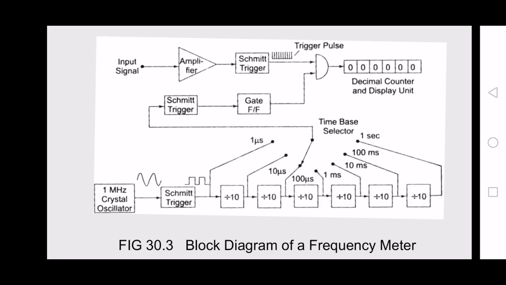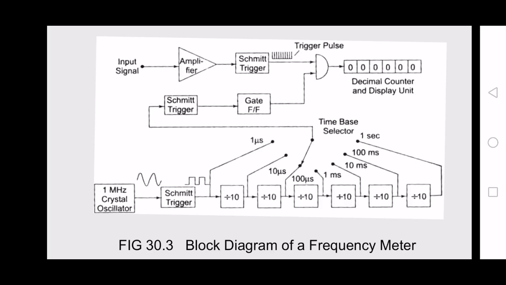We then give the second pulse from the decade frequency divider, that is the time base selector, which changes the state of the gate control flip flop and removes the enable signal from the AND gate.